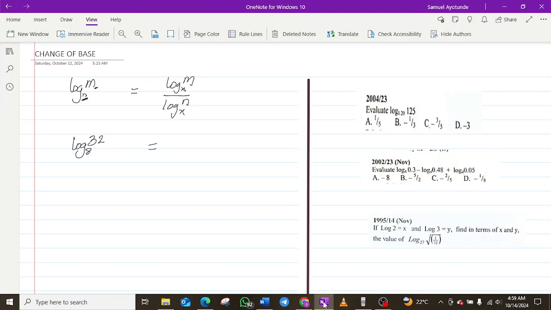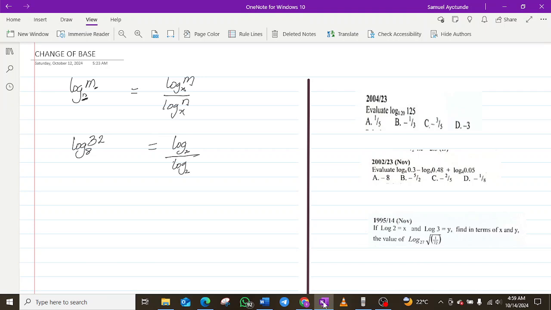So the best way for me to change the base is to find a number that has a relationship with 32 and 8, most especially a power relationship. The number that should come to mind that has a power relationship with 32 and 8 is 2. So if I entirely change the base to 2, we have log base 2 divided by log base 2.